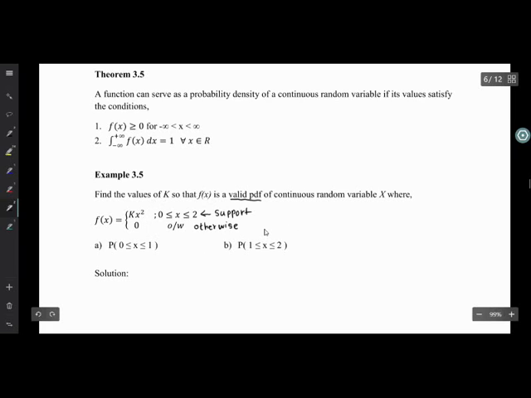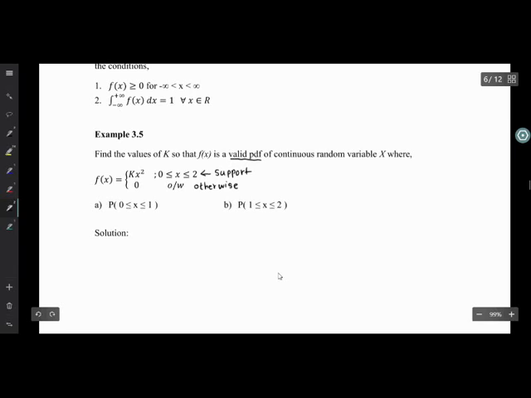Now let's see whether this f(x) is a proper or valid PDF. And then let's find the probabilities given in part A and part B. Okay. The first thing you have to do is to find the value k such that f(x) is a valid PDF. So how do you do that?